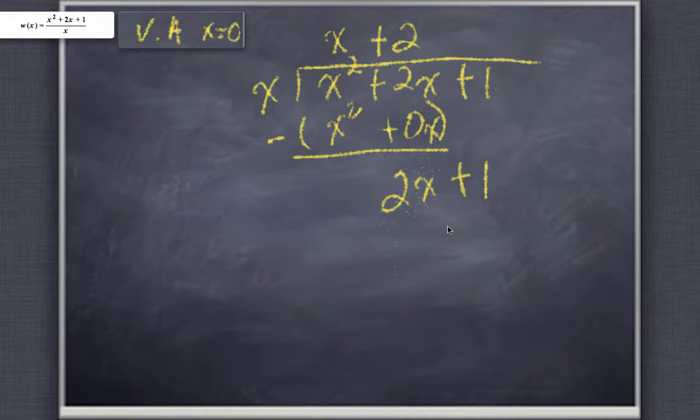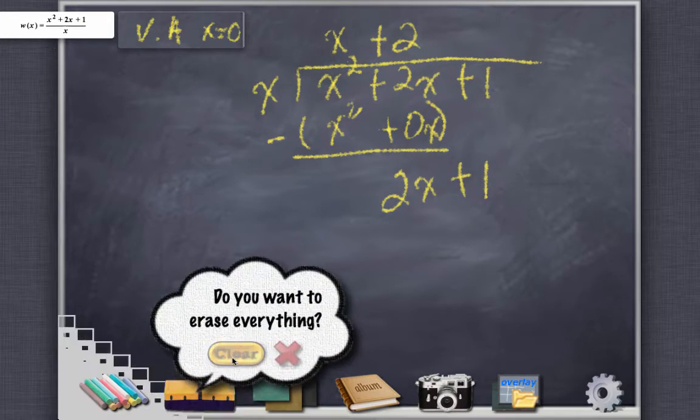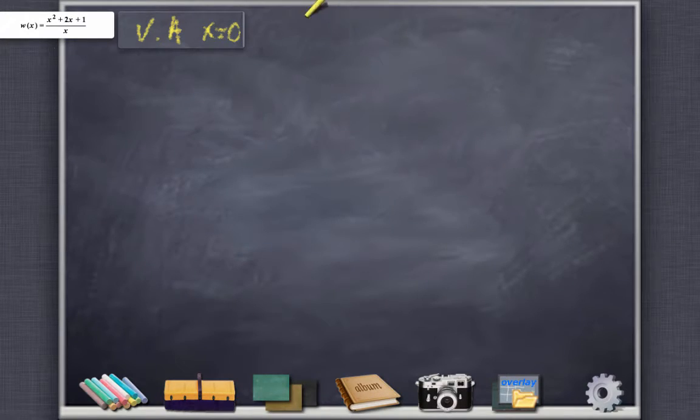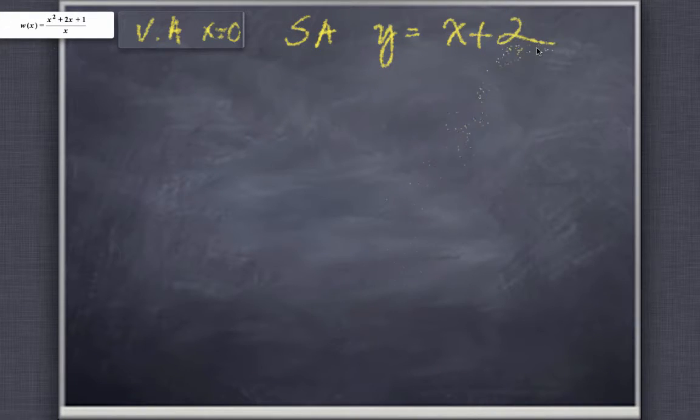And at this point, you can stop. I continued before so I could argue why the remainder doesn't matter. So hopefully now we accept that the remainder doesn't matter. So y equals x plus 2 is our slant asymptote. The remainder goes to 0. That's what I mean by it doesn't matter. So you don't have to consider it for the slant asymptote.